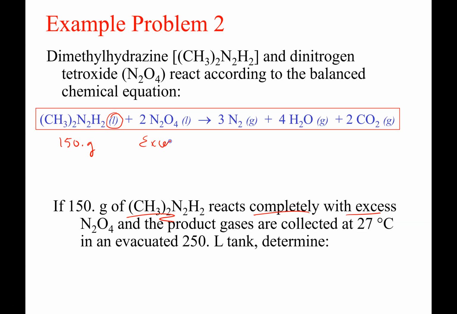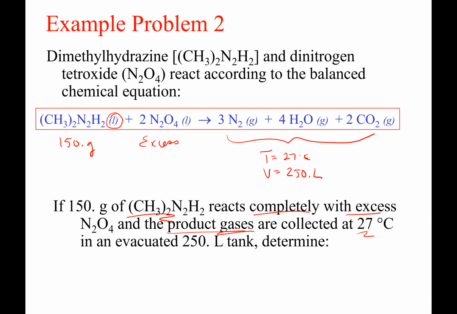So that's good, because we know we can do stoichiometry based upon the first reactant, the dimethylhydrazine. And we're going to collect the gases all together in that box up there. It gives me some information about the gases. So all 3 of these gases are collected. My temperature is 27 degrees Celsius. Again, we've got to fix that to Kelvin. It gives me a volume of 250 liters, 3 sig figs.